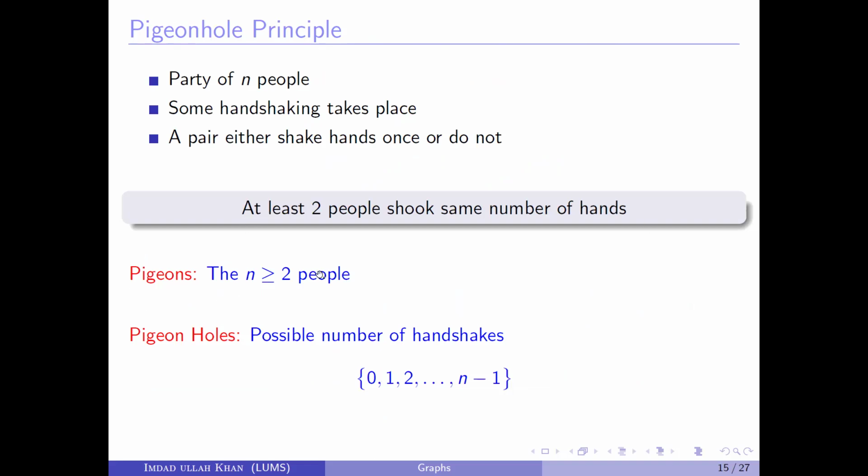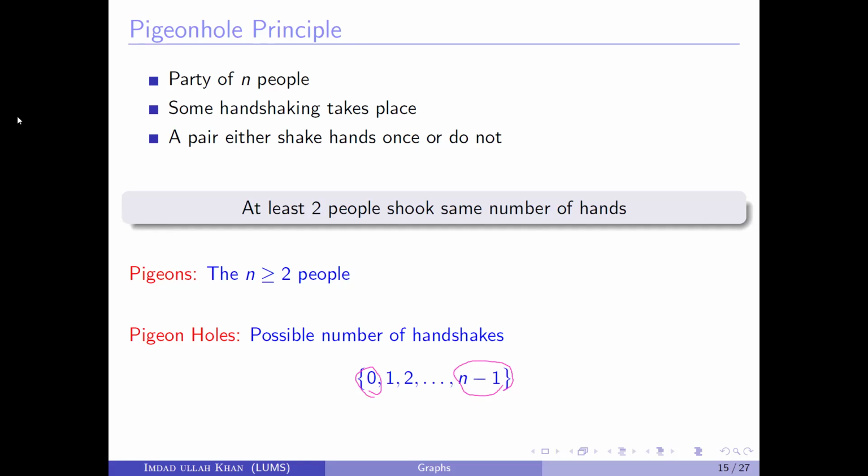So the pigeons are the number of people, which are at least two. The possible number of handshakes can be from 0 to n minus 1. By 0 handshakes, we mean that there's a person who didn't shake hands with anyone. By n minus 1 we mean that there's a person who has shaken hands with everyone else. So this is the possible range of handshakes.